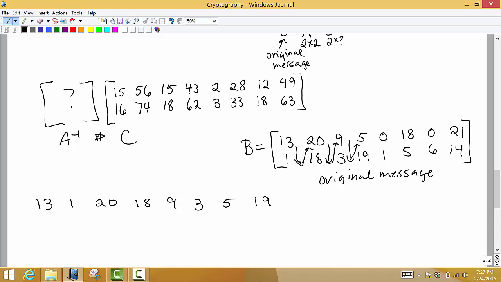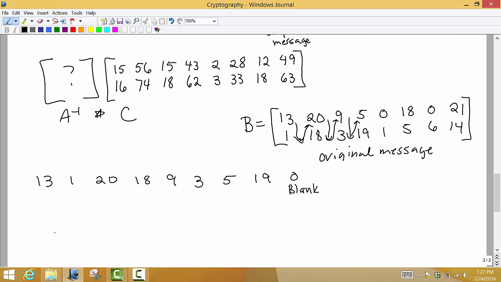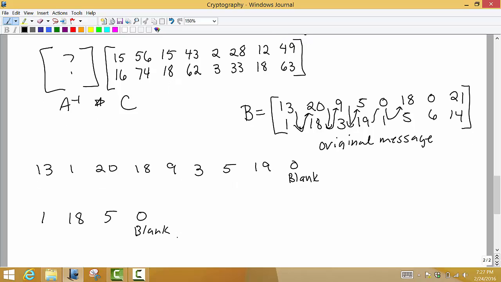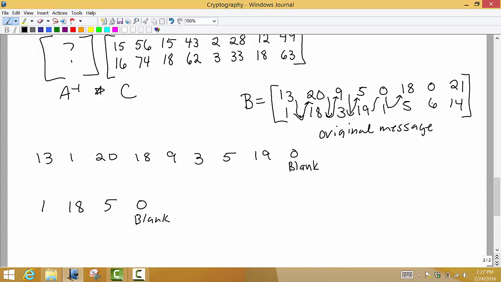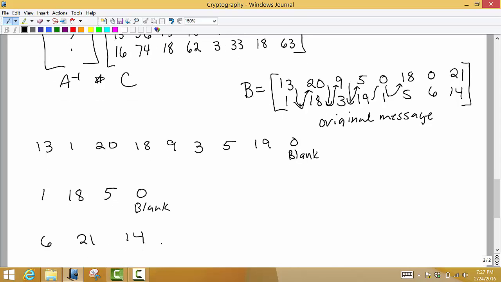Now the next one is a 0, and remember 0 is a blank. You know that. So I'm going to skip down to the next row to write my next word. That would be starting off with a 1. Okay. And then 18, and then 5, and then I end up with 0 again, which is another blank, so that's the next word. So I'm going to go down to 6, and then 21, and then 14. And that's where the message stops.